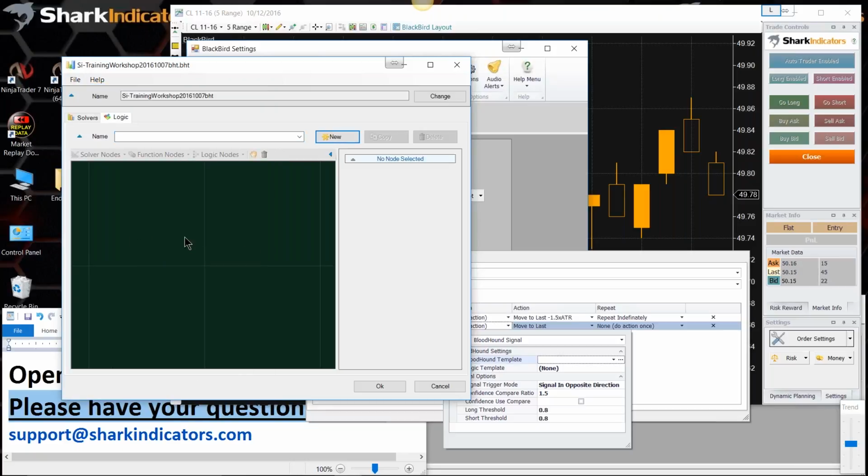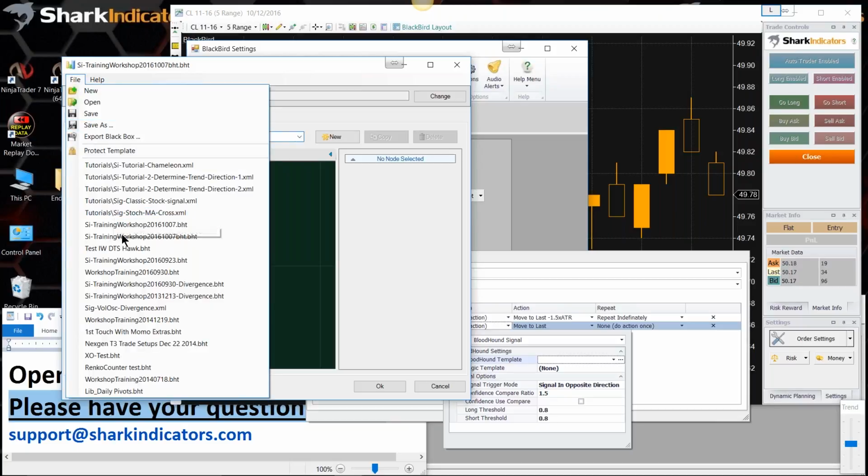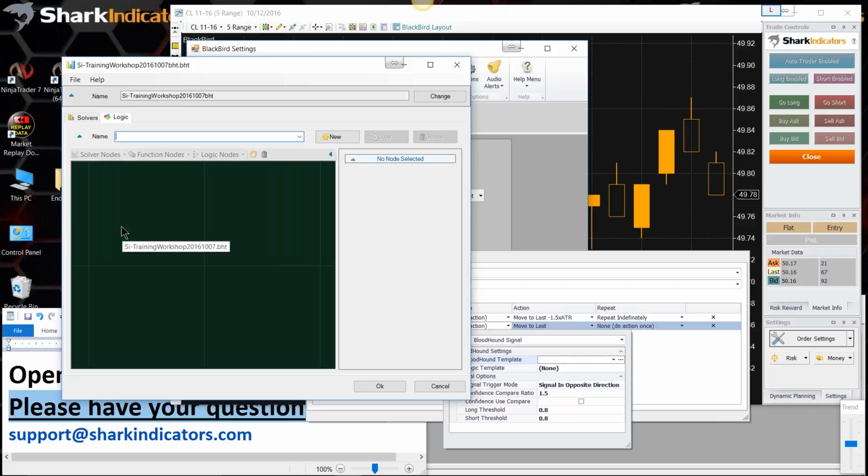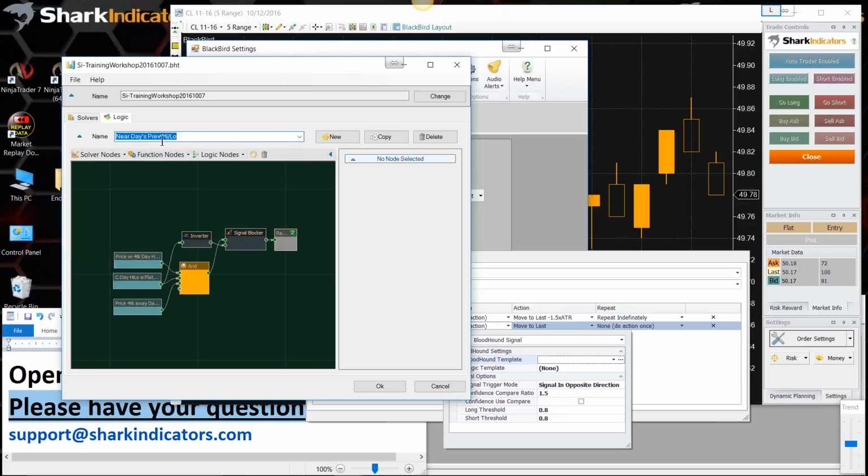Let's try last week's BloodHound file. No, nothing there. Well, okay, I'll just use this near the day's previous high-low from last week's BloodHound. And let's just say that this also happens to be our exit signal, for example's sake.